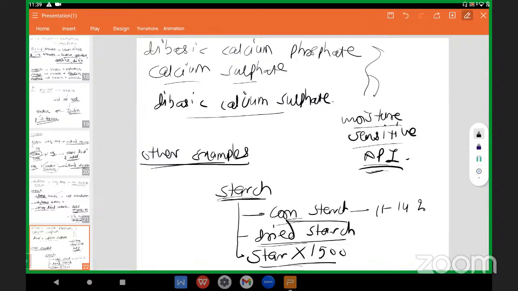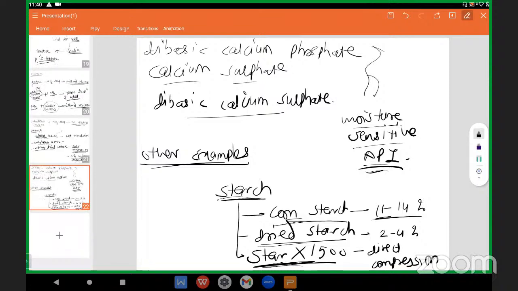Write it down. For the moisture content of cornstarch. What is the specialty of starch 1500? Anyone? We can use it for direct compression.